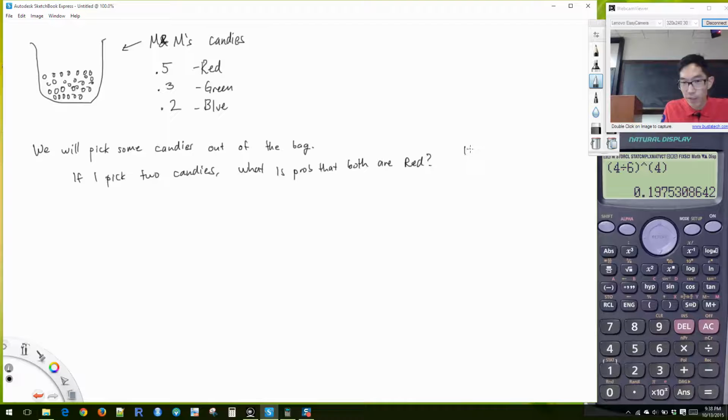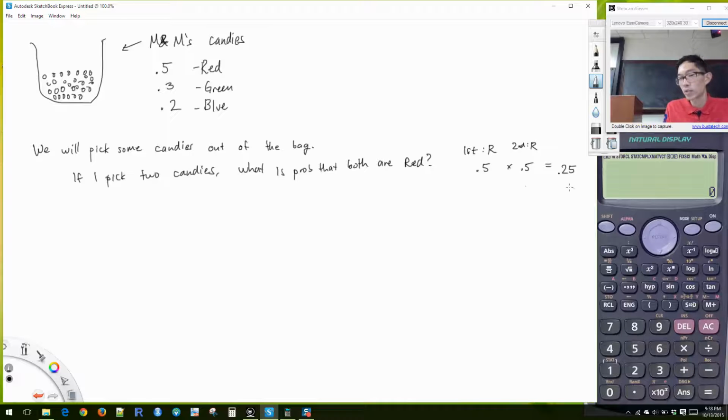The first candy has to be what? Red. And that happens with probability 0.5. And then the second has to also be red. And that happens with probability 0.5. So our total probability is going to be 0.5 times 0.5, which is 0.25.